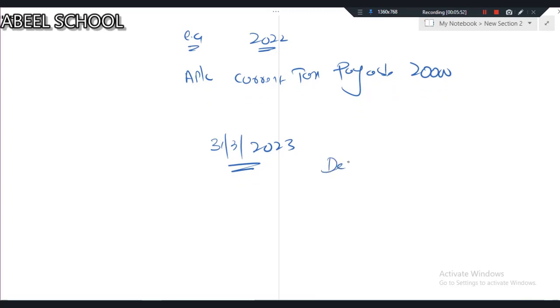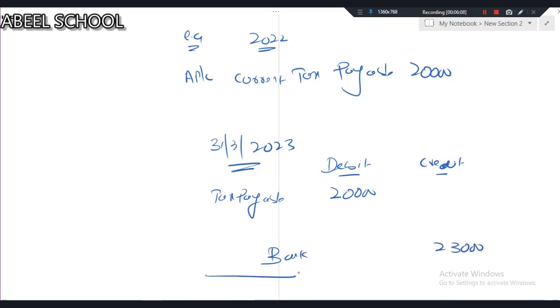So what happens in case of under provision? Number one, tax payable is debited by 20,000 because you have 20,000 in your books. But this time, dear student, the payment amount is 23,000, more than what you recorded in the previous year. This is the scenario of under provision. Under provision increases your current year income tax expense. Simply, you need to debit the income tax expense by 3,000.